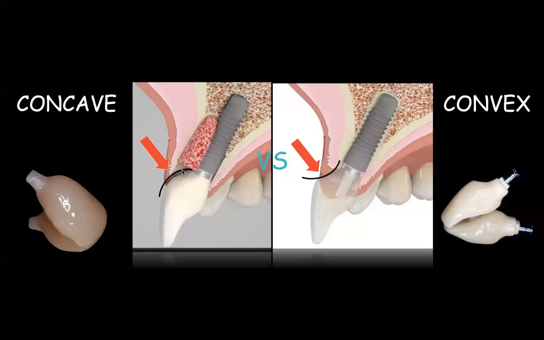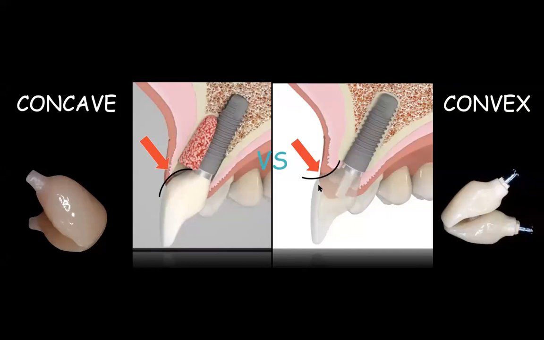even in my case, where the patient had a very thick keratinized tissue, it didn't show up right away, but as time passes, tissue just kind of gives up and recedes. So this could be one of those reasons, because the patient had plenty of bone and everything was as it's supposed to be, but I believe it has something to do with the convexity or concavity of the crown that I put in there.